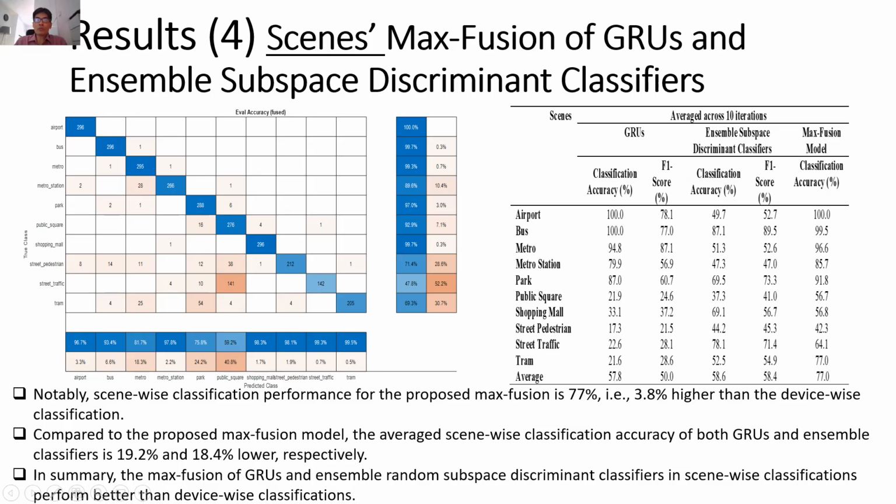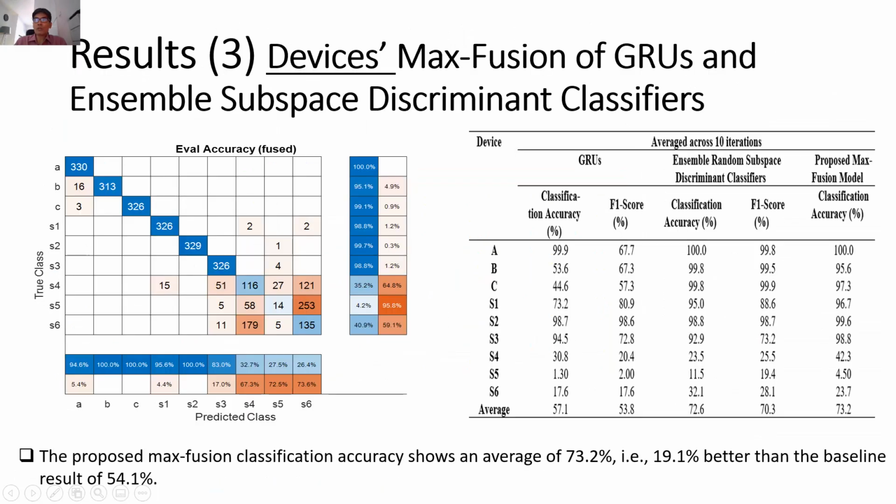Compared to the proposed max fusion model, the average scene-wise classification accuracy of both fusions is actually higher. The max fusion of GRU and the ensemble random subspace discriminant classifier in scene-wise classification performs better than the device-wise. So this is 77% as compared to previously 73.2%, which is the device-wise.